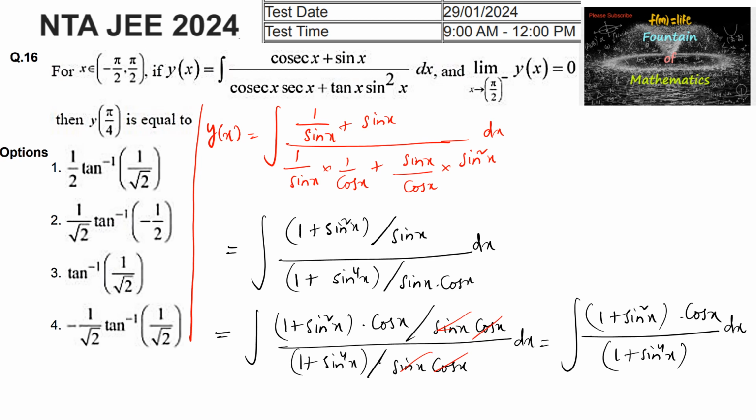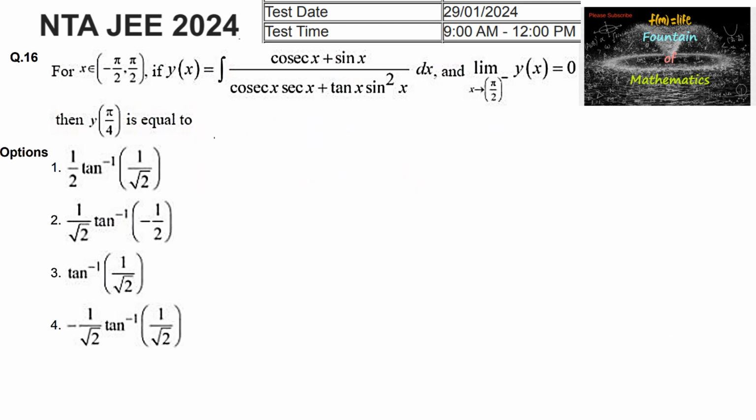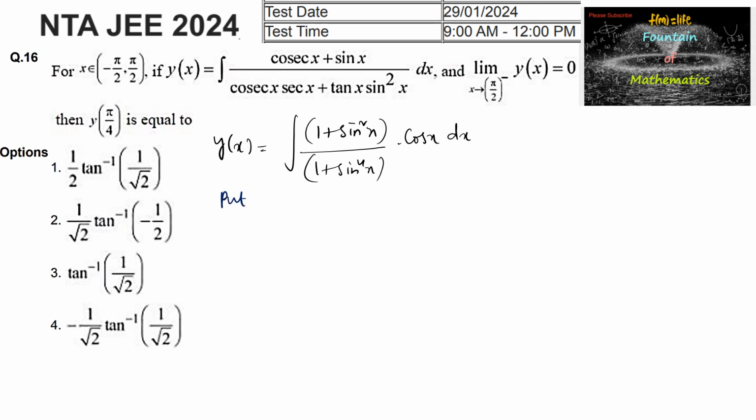So I can write y of x is equal to the integral of (1 plus sin square x) upon (1 plus sin power 4x) into cos x dx. So let us go with the substitution method. Put sin x equal to t, so that cos x dx is equal to dt.